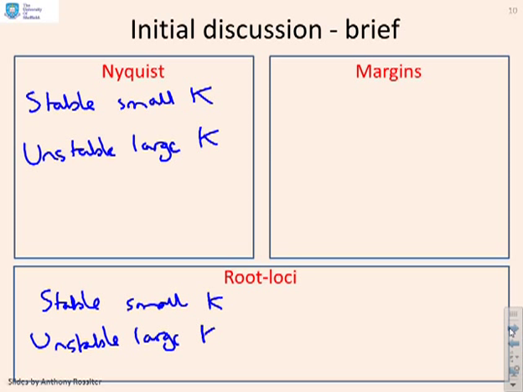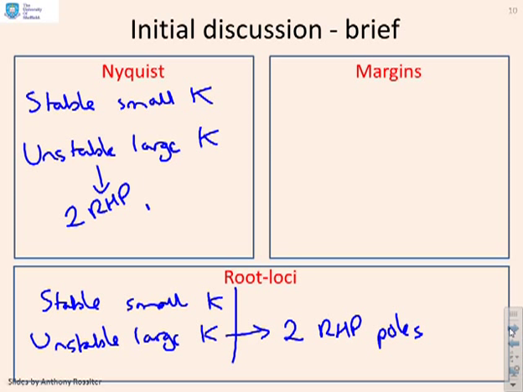Now that's encouraging because it means we've got the same insight from both of these, but we also discovered if you had large k you had 2 right half plane poles, and if you looked at Nyquist we discovered the same thing. For large k you had 2 right half plane poles. So again, those two are telling us the same thing. I need small k to stabilize; large k, and I'm unstable.